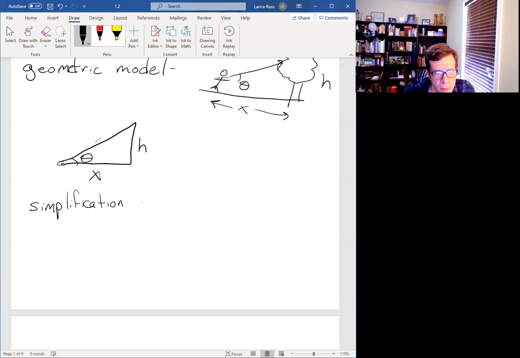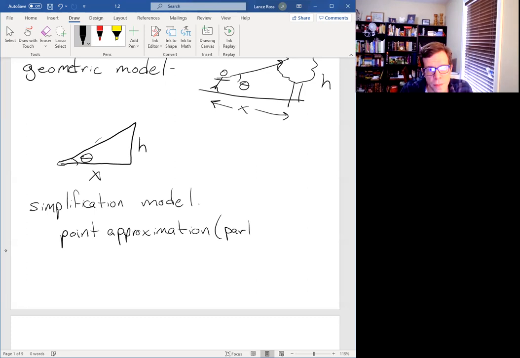The next type of model, it says, is a simplification model. Really, all of these are a way to simplify. In particular, the example for a simplification model that we'll use the most is the point approximation. The book refers to it as a particle model in this chapter. You'll often hear physics professors call it point approximation.